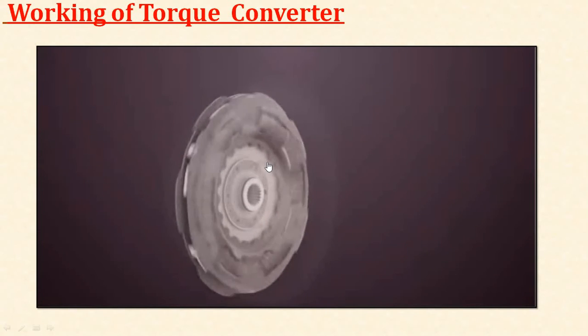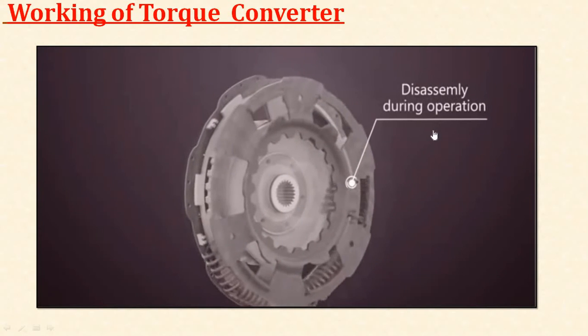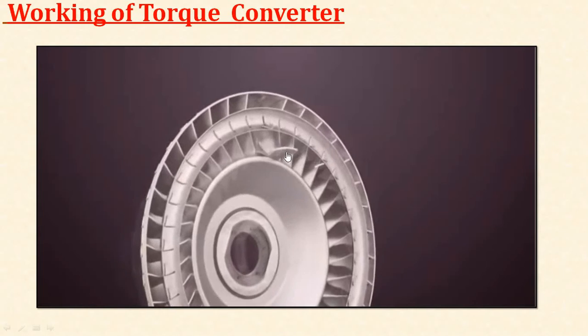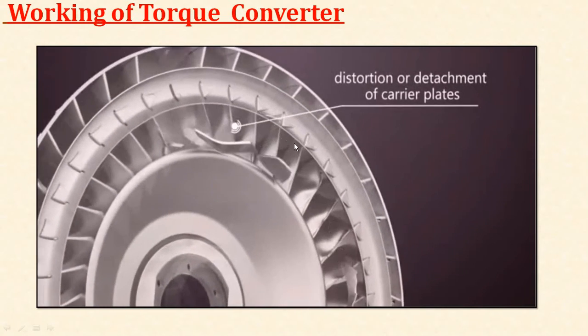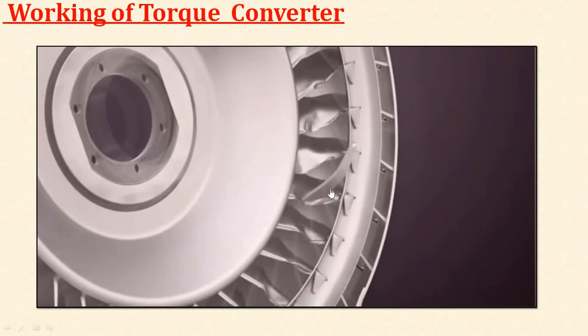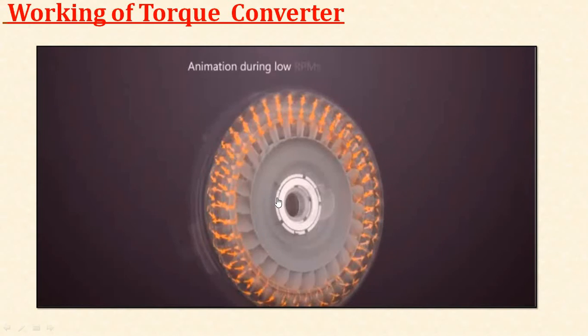A number of parameters are checked initially, and during disassembly and operation, components such as the blade angles are checked for distortion and detachment of the carrier parts, which affects the internal parts of the blades.